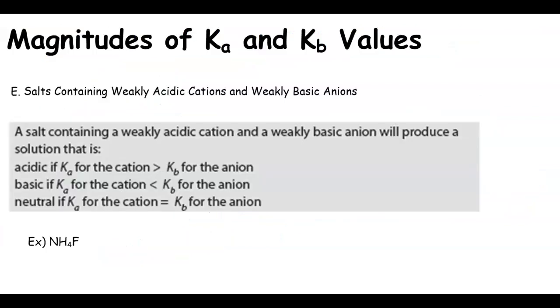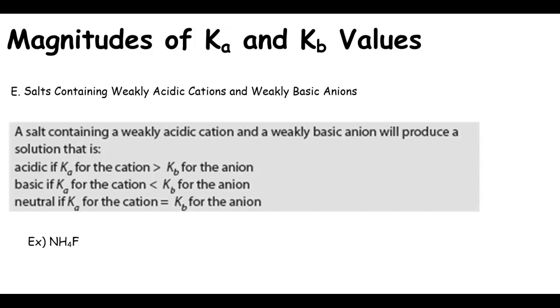All right, so let's take a look at something we haven't seen yet. We talked about what makes something an acid, what makes something a base. But now we're going to look at what happens if both ions have an impact. So what if the positive ion, the cation, and the anion are both creating solutions that are changing the pH?